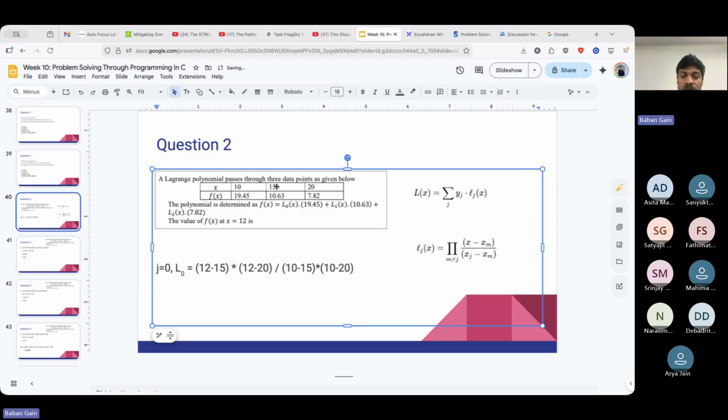So basically 12 minus 15 is minus 3 into minus 8, divided by minus 5 into minus 10. So this is what?